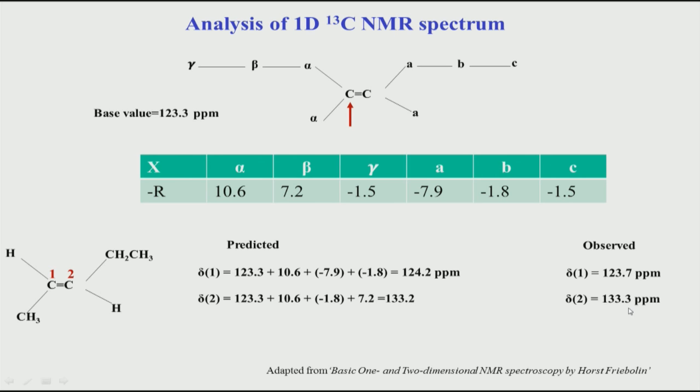observed value. So, that means in your spectrum when you record, if you get a C double bond C region, it comes somewhere around 100 to 150.